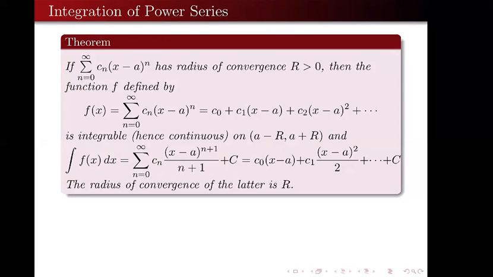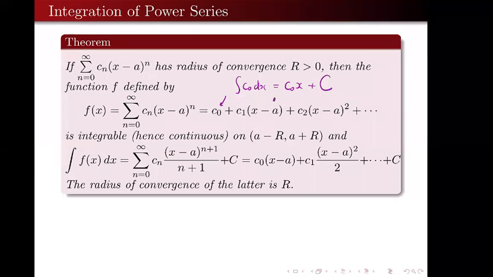And take note, at n equals 0, this is your c sub 0, correct? Your constant, when you integrate it, you will have some x minus a. Sorry, you will have some x. But you can write it as x minus a. So for example, after integrating c sub 0 dx, this is equal to c sub 0 x plus some arbitrary constant here.